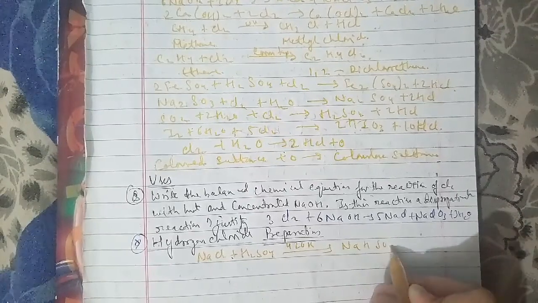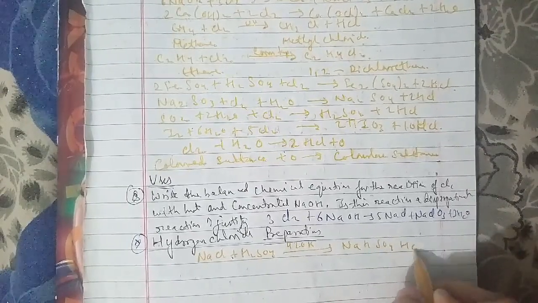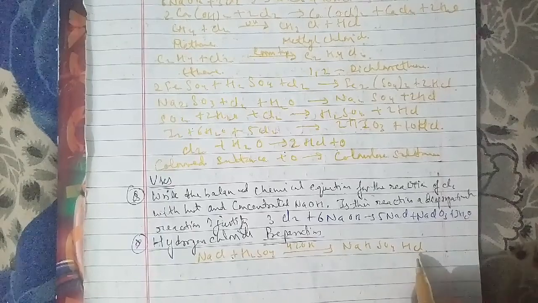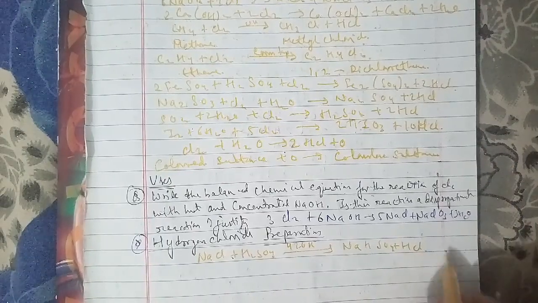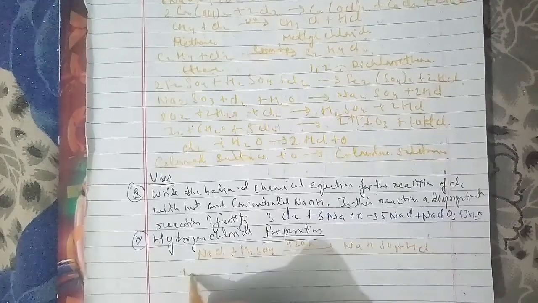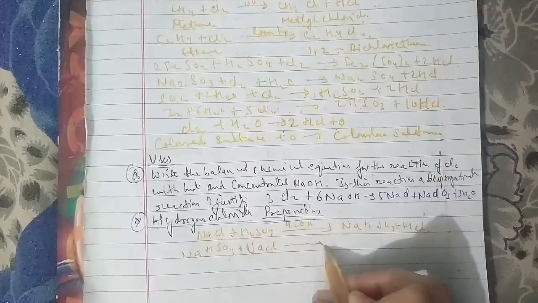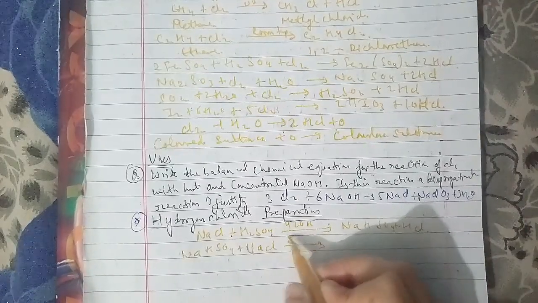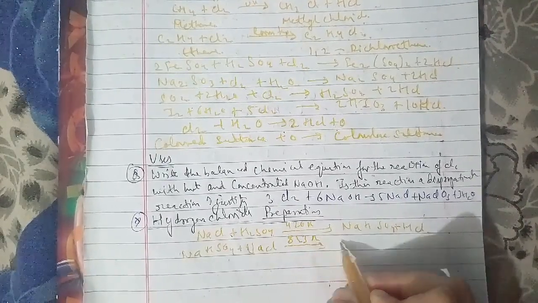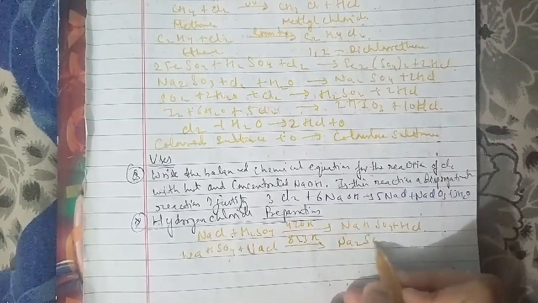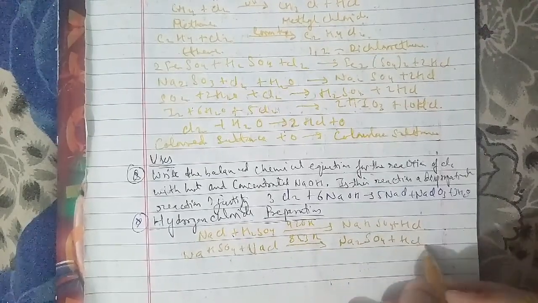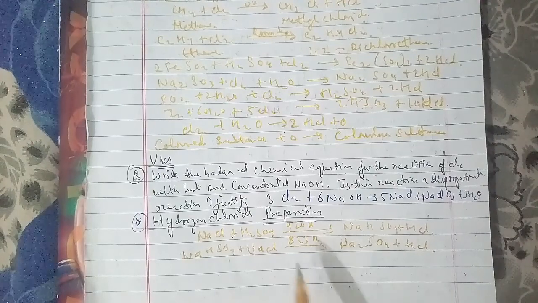That is the first step. The second step is NaHSO4 plus NaCl at 823 Kelvin gives Na2SO4 plus HCl. So HCl gas can be dried by passing it through concentrated sulfuric acid, which is a dehydrating agent as well. In terms of properties, we go ahead.